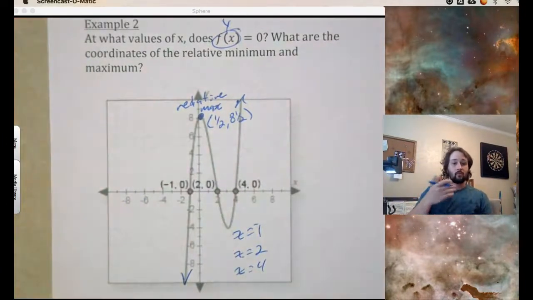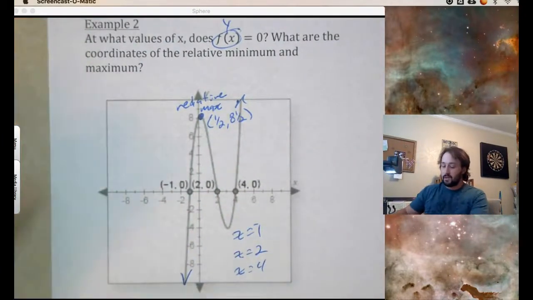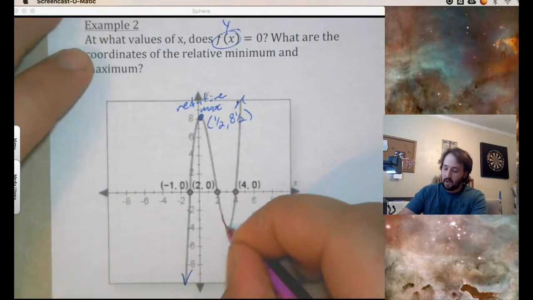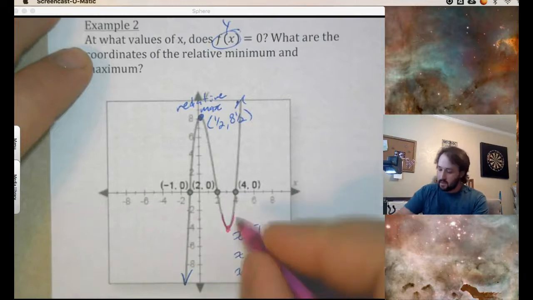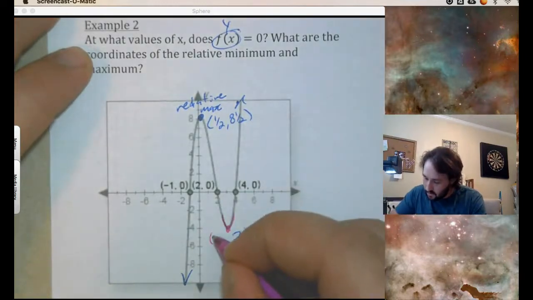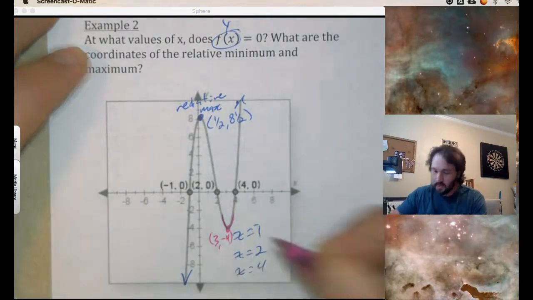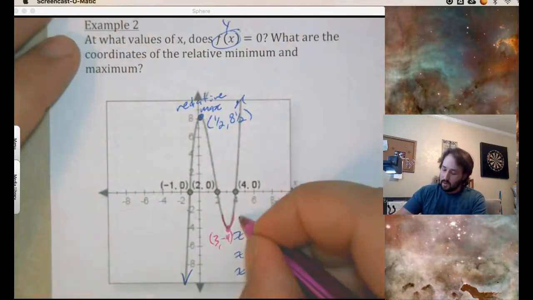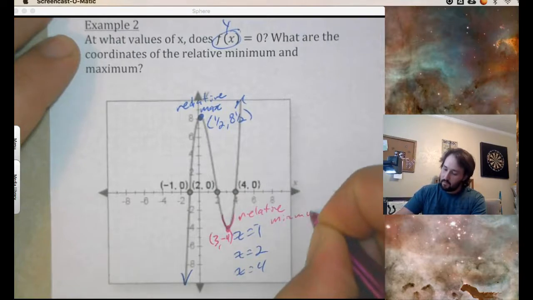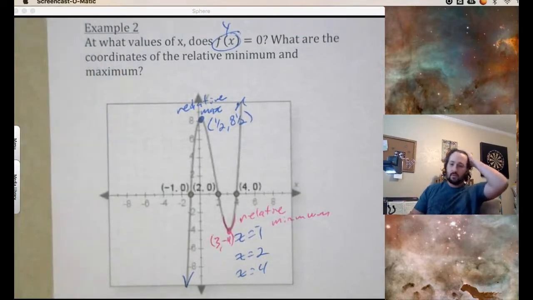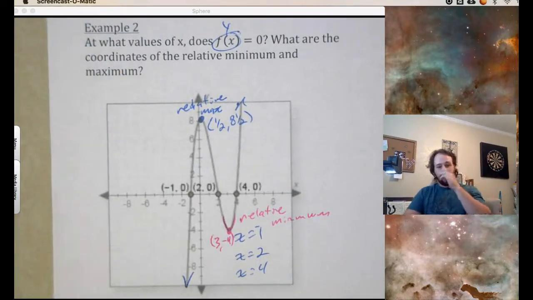And likewise, a relative minimum, relative to the things right around it, is a low point on the graph. It looks like about 3, negative 4 or something like that. That would be called a relative minimum. You can just guesstimate on this stuff. There's stuff you will learn in calculus, for those of you going on with calculus, on how to find a relative minimum and relative maximum, super duper easy.